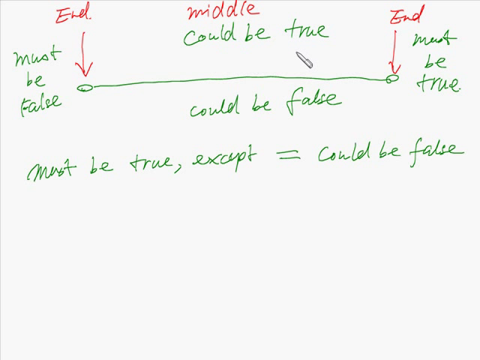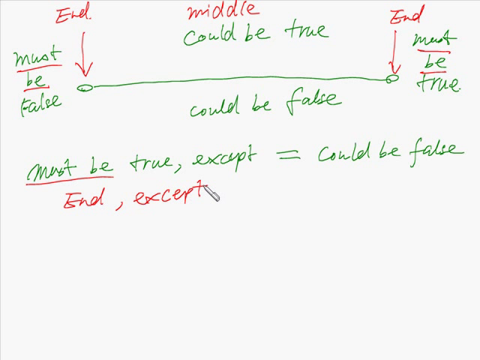So could be true is the middle, and also could be false is also a middle, right? So let's see. If the question is asking which one of the following must be true except, must be is referring to the end. So therefore, essentially they're asking the end except.